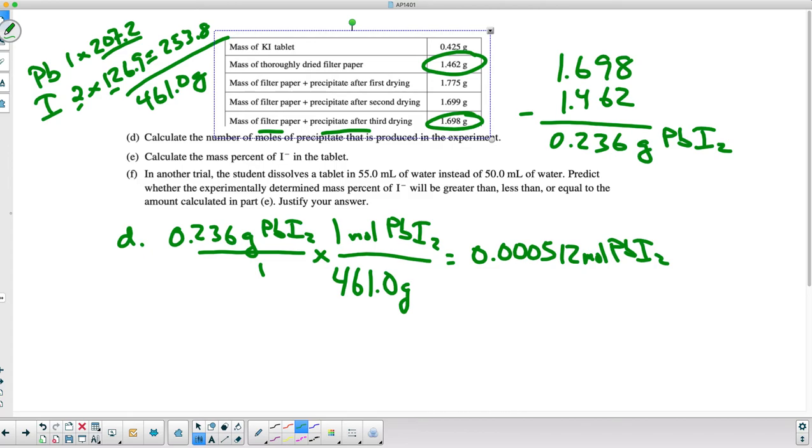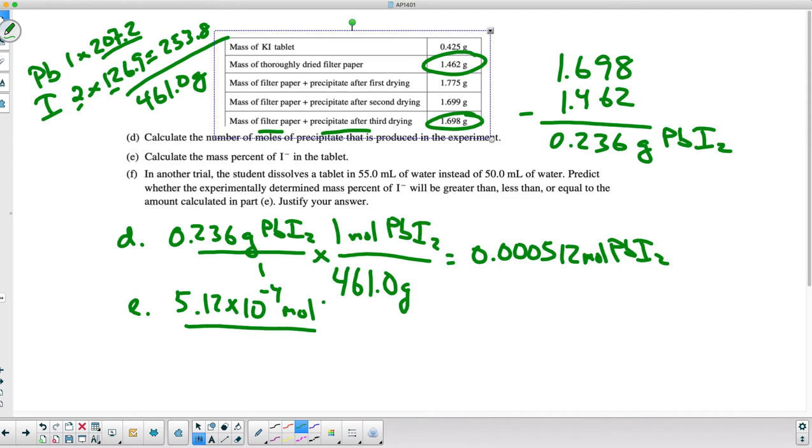Next part says calculate the mass percent of iodide in the tablet. Well, first of all, that's the number of moles, so if I want to find out how much of the iodide is in the KI, notice that I have 5.12 times 10 to the negative fourth moles. That's the same thing, just in scientific notation.